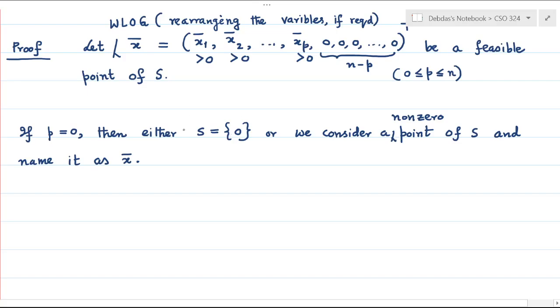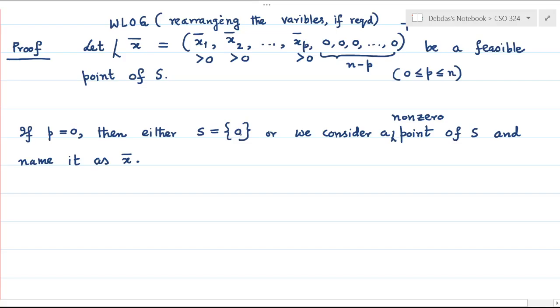In that case, in capital S you will have a non-zero point, and you start working with that non-zero point as x bar, then you proceed with the proof. Or else, the leftover case is if p equals 0 together with S equals the singleton set {0}. Then in that case, the set is just the point origin.